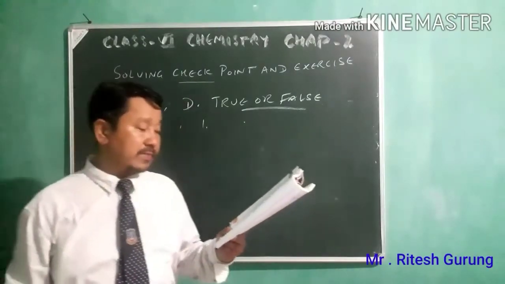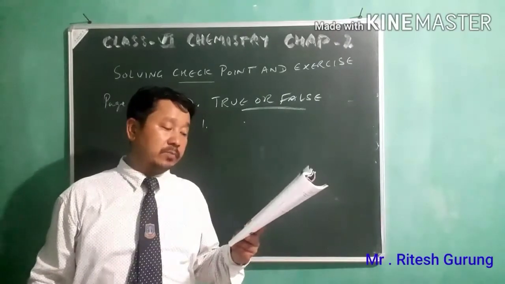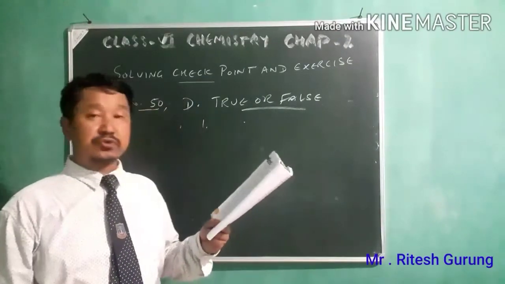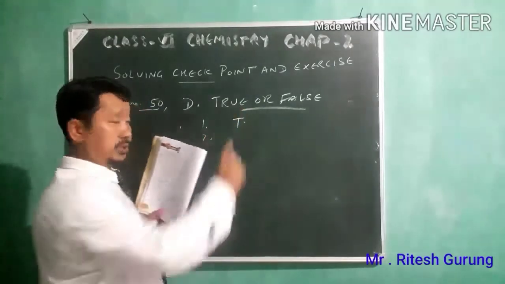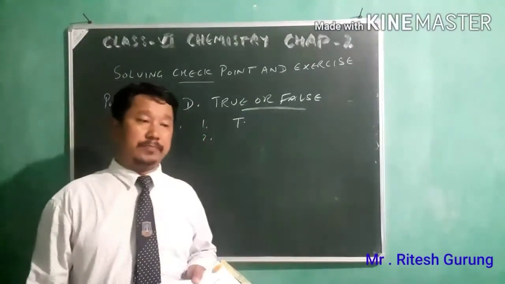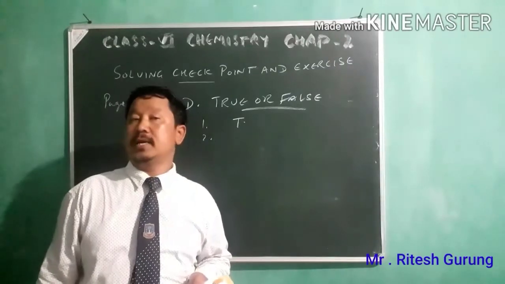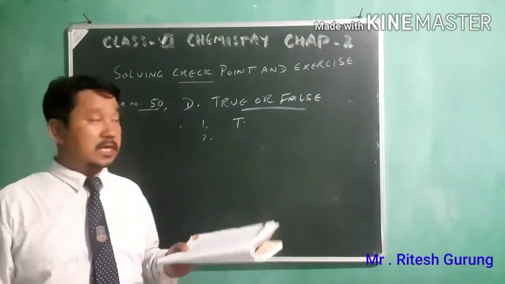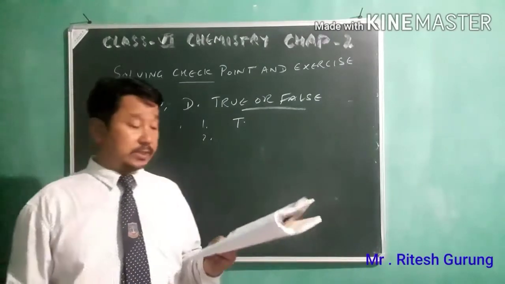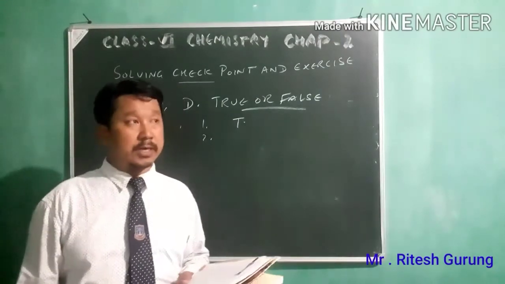Symbol of a chemical element denotes one atom of that element. Is it true or false? It is true. In the beginning itself, when we were talking about elements and symbols, it was clearly mentioned, so you must not have forgotten, I believe.